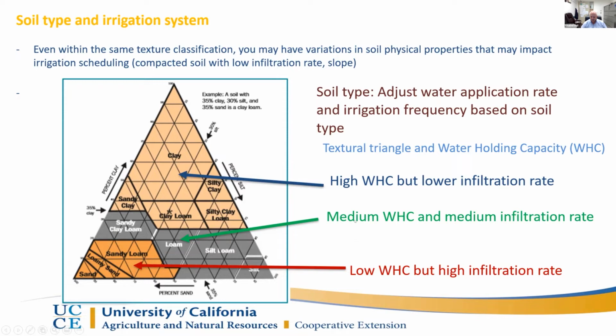So we want to look at these soil types, loamy, silty loam soil, or sandy soil. I cannot do groundwater recharge on these types of heavy soils because the infiltration rate is low.